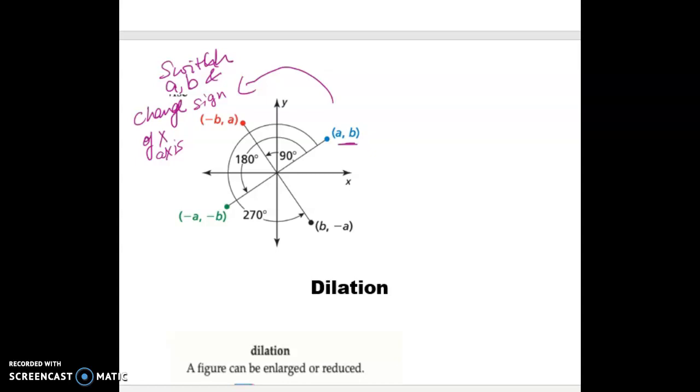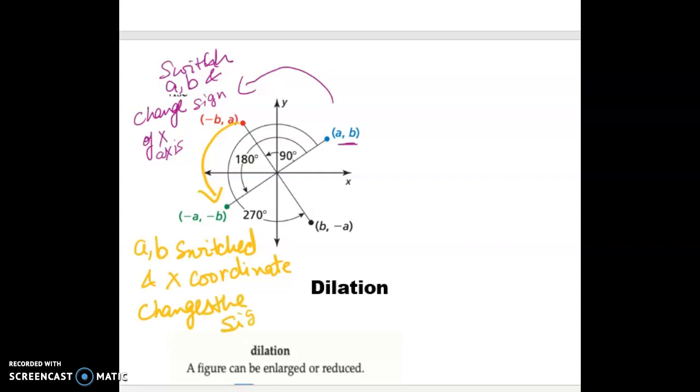Again, when I move again 90 degree, A and B are flipped. So A and B switched, and the x coordinate changes the sign. This will keep on continuing. So whatever way works for you, please go for it.